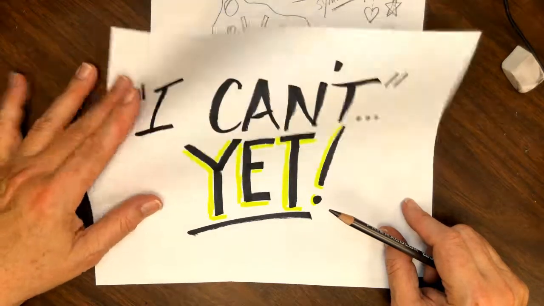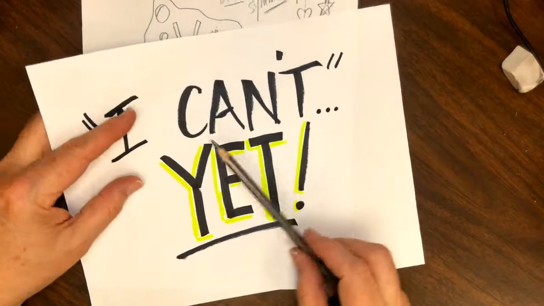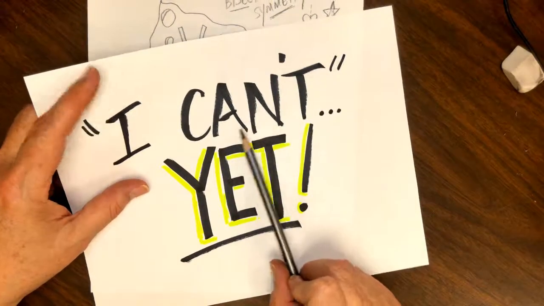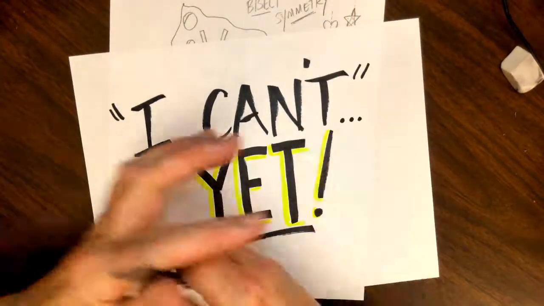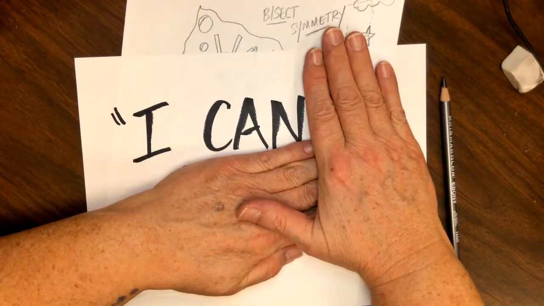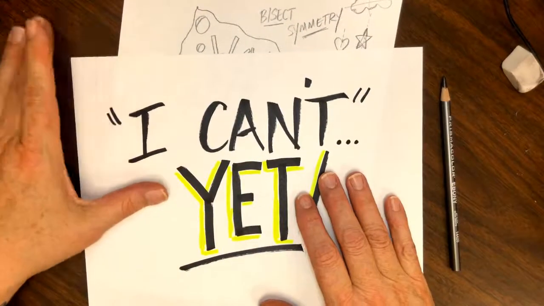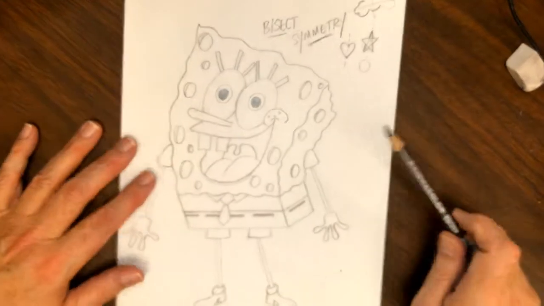That's what they are. All right? So keep trying. Don't use this word right here. That's not a good word. Let's use this word. I can. Okay? You don't have to even use yet when you say that you can. Okay? Because once you say you can, guess what? You're halfway there. All right?